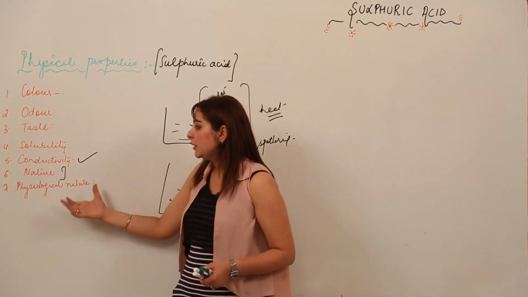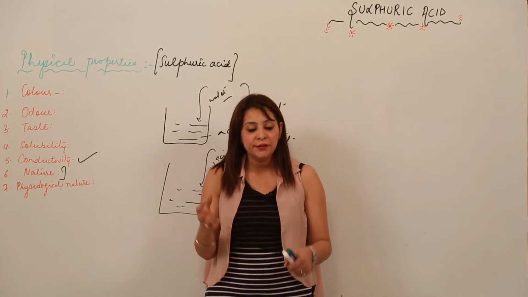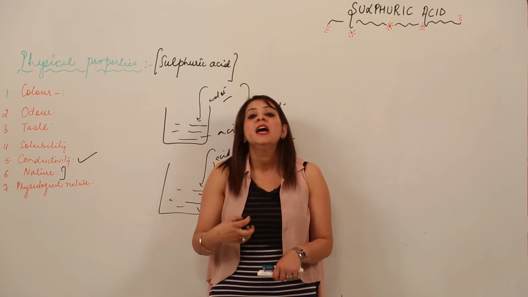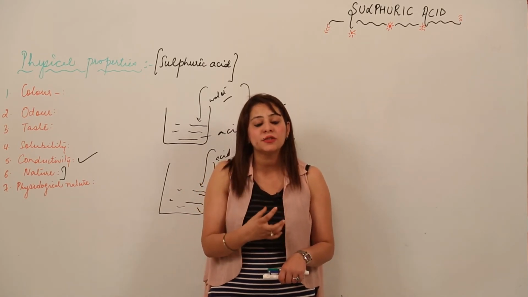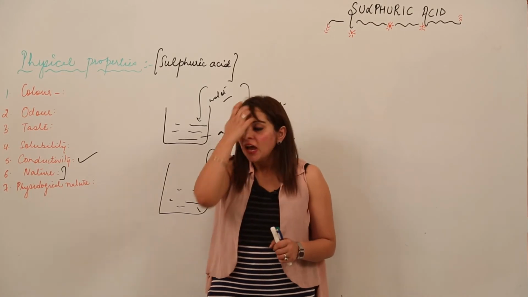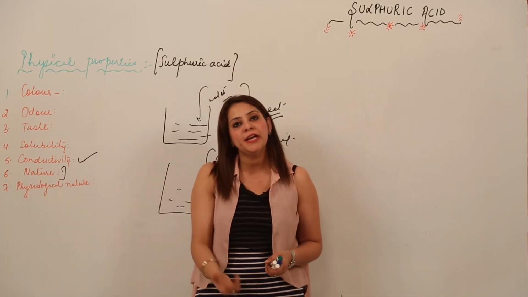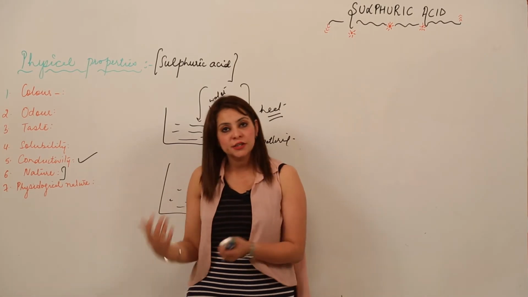And when we talk about the physiological nature, I told you that it is corrosive in nature. If it strikes our skin, it extracts the water from it, leaving behind the skin, that is, the burning sensation is there. So we say that it is corrosive in nature. And you can write one more point in nature, if somebody asks you about nature: yes, it is corrosive in nature, it is a strong acid.